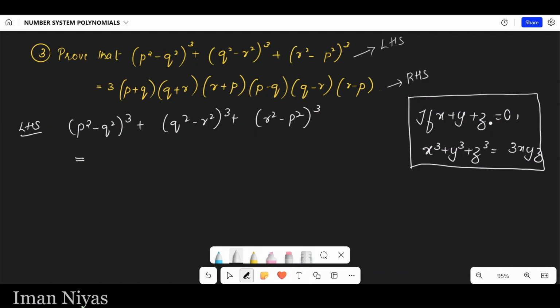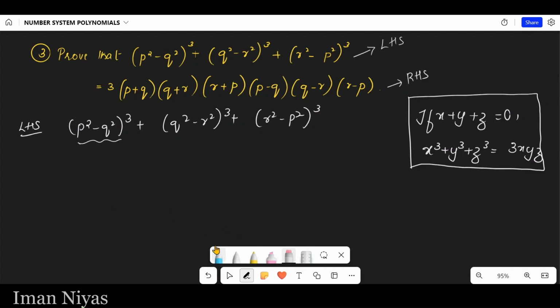Clear? So let's apply this over here, and for this we are going to find out this x cube plus y cube plus z cube. That means what we are going to do is first put each expression inside the bracket as a variable.